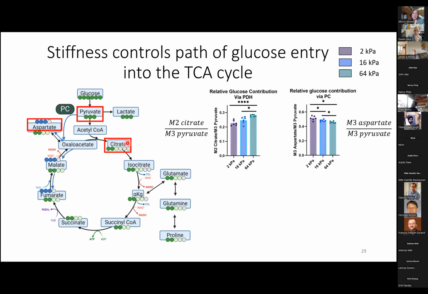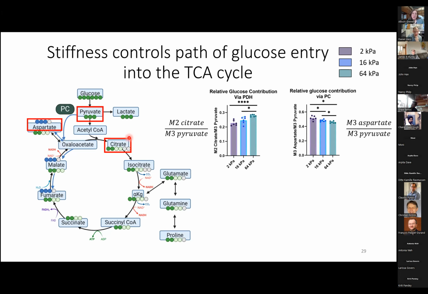But that is not the only way that pyruvate can enter the TCA cycle. It can also enter through pyruvate carboxylase. So in order to understand the activity there, I looked at M3 aspartate over M3 pyruvate. And I saw that in the softest condition, there was a slight increase, suggesting there is an increase in the contribution via pyruvate carboxylase.